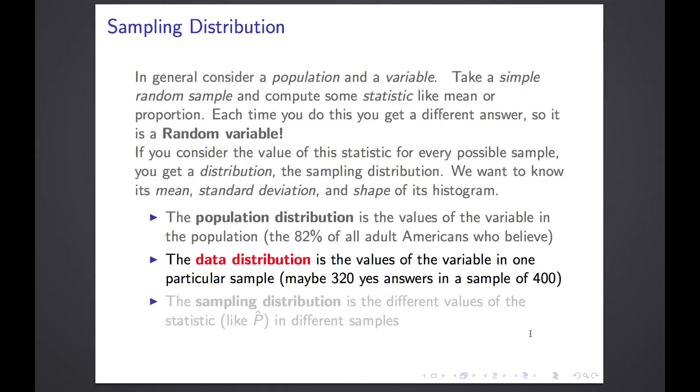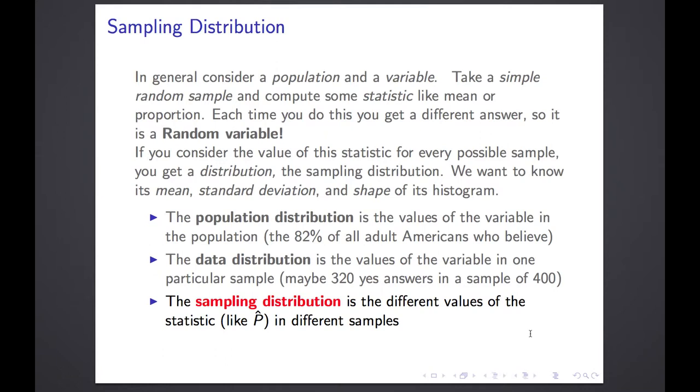The second level, the data distribution, will typically be very concrete. You will take a sample and in your sample of 400 people, you will write down 320 yes answers and 80 no answers. That's your data distribution. That is the information from your sample. The third level, and most abstract, is the sampling distribution.